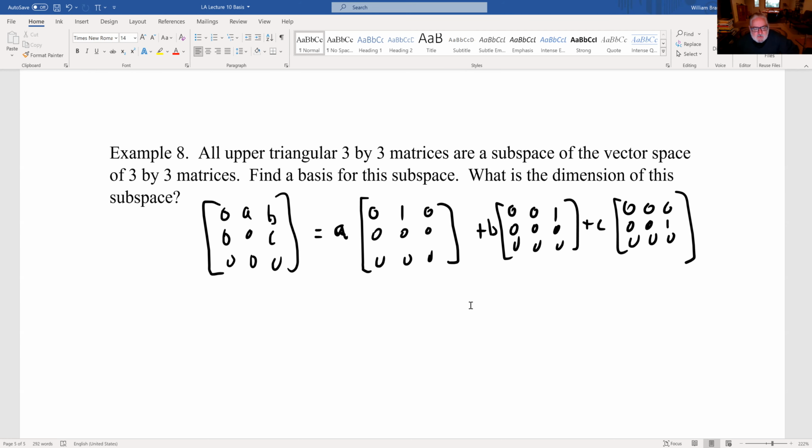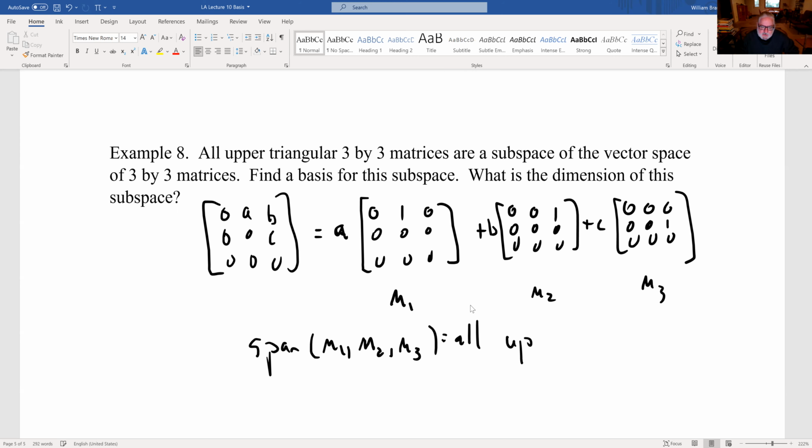So those are three matrices. Call this M1, M2, M3. And the span of those three gives me all upper triangular 3x3 matrices. So it spans it.